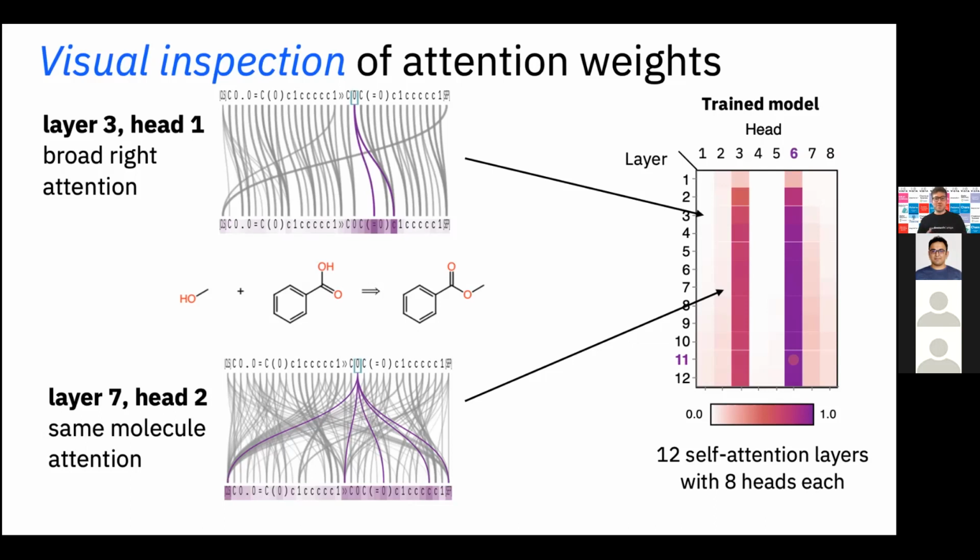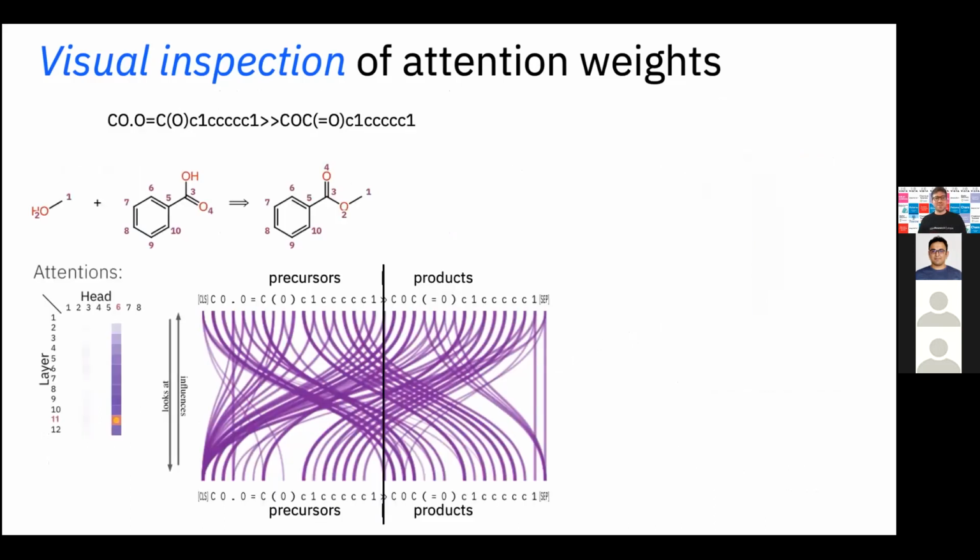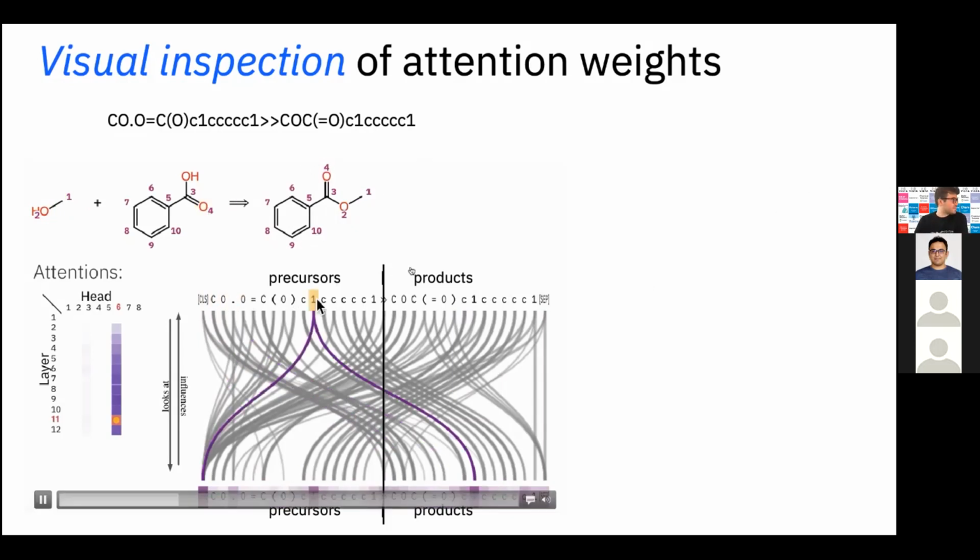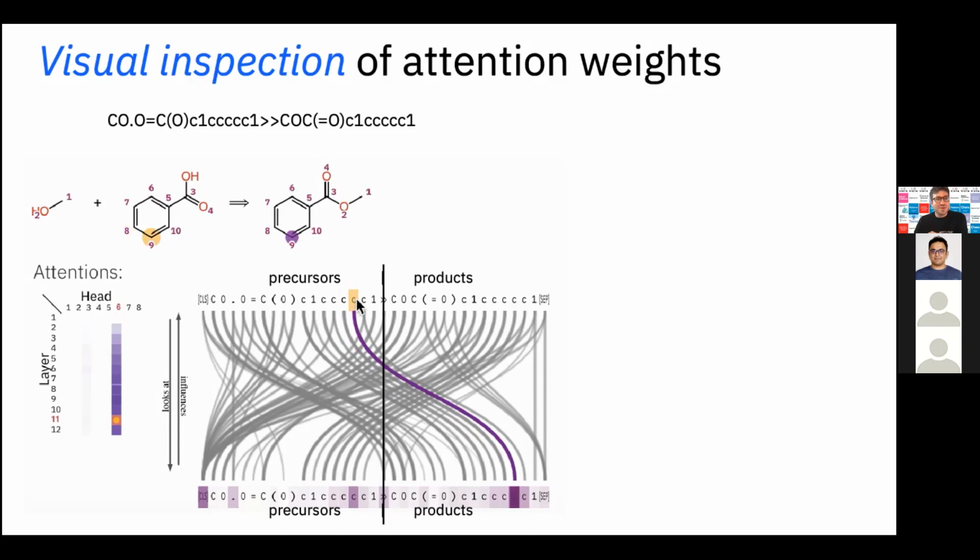We went through our trained models, and at some point we found a head where the pattern looked the following. If you look closely here, you see that precursor atoms mostly focus on product atoms and vice versa. Product atoms focus on precursor atoms.